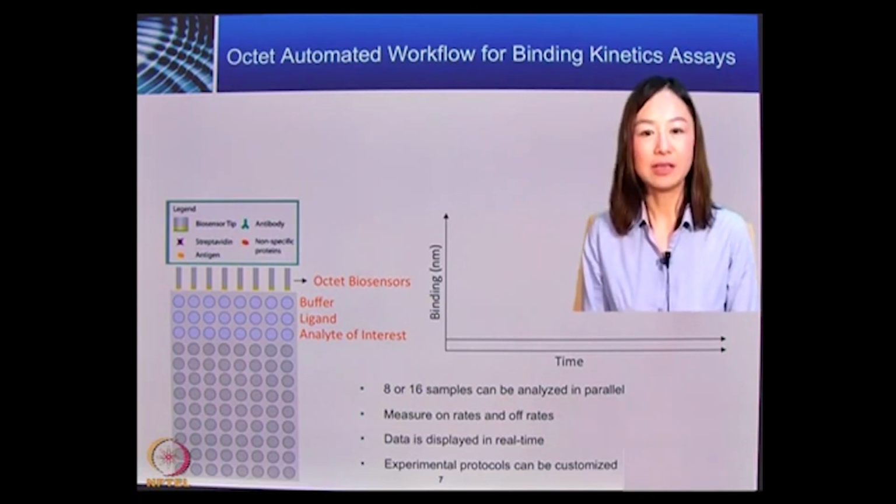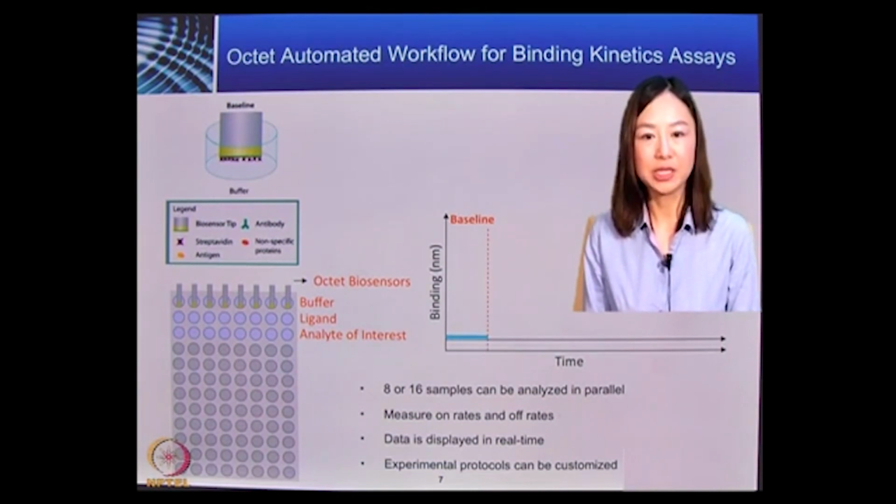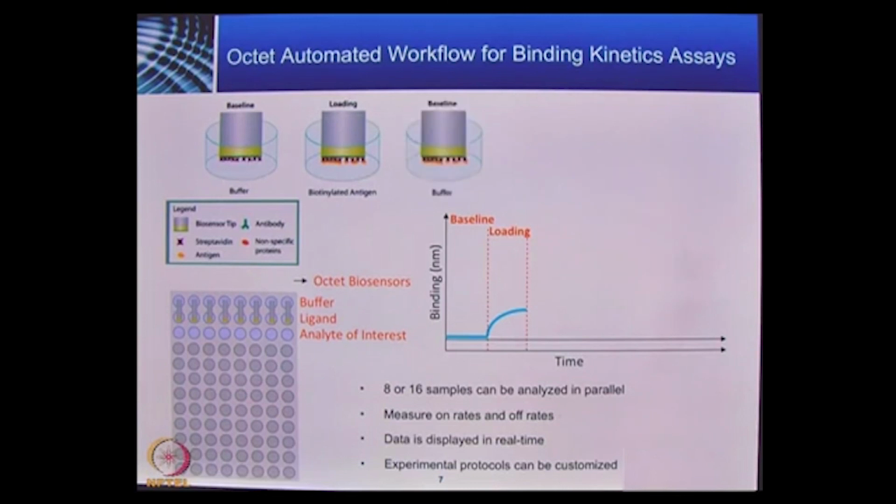So the ligand has already been biotinylated, and we'll first put the biosensor into the buffer to remove the protective agent from the biosensor. After that, the biosensor is moved into the wells that contain the ligand. The biotinylated ligand will bind to the streptavidin and generate a loading curve, as we can see here.